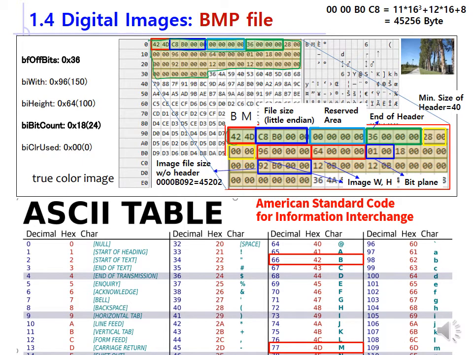The first two digits, 42 and 4D, are the ASCII codes of B and M. ASCII means the American Standard Code for Information Interchange.